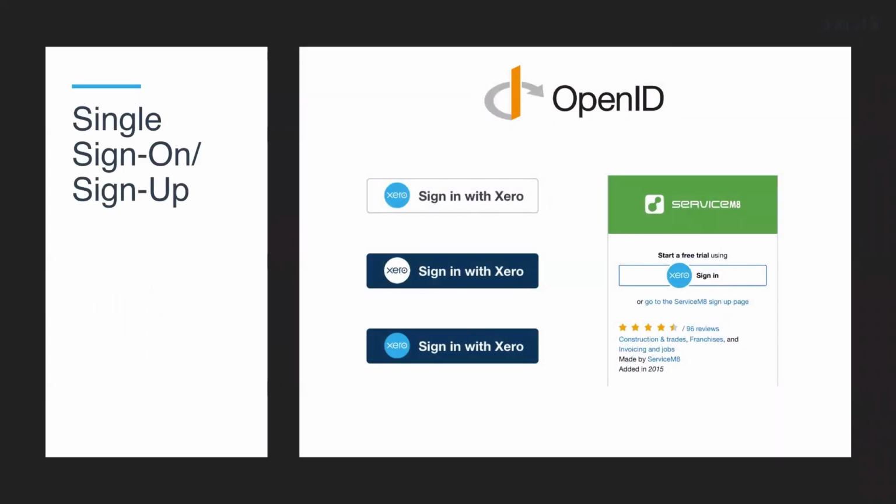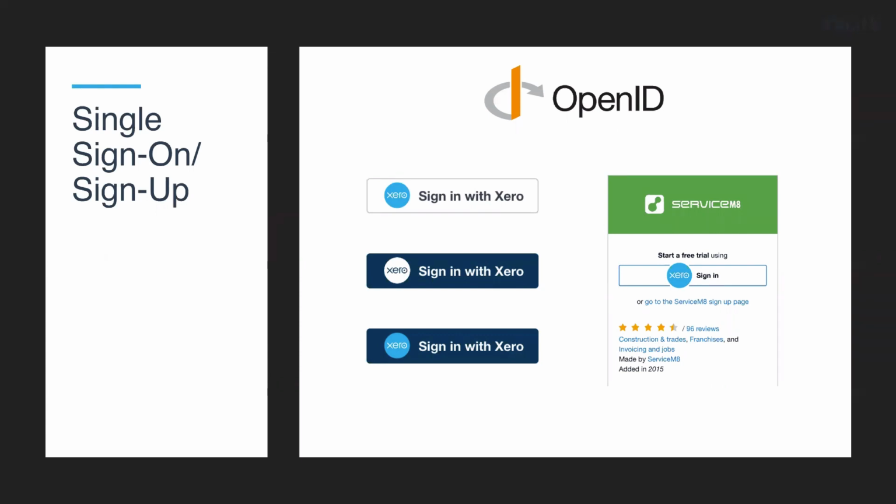One of the other features of OAuth 2, and Xero has already implemented this with a number of existing app partners who participated as part of the ongoing beta program, is the ability to sign in and sign up with Xero, and that's facilitated by Open ID.